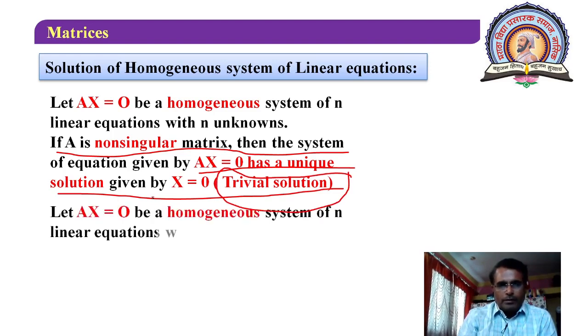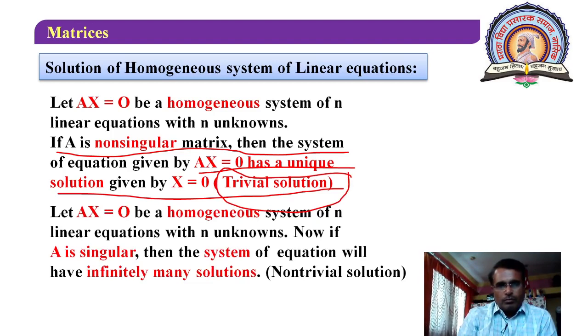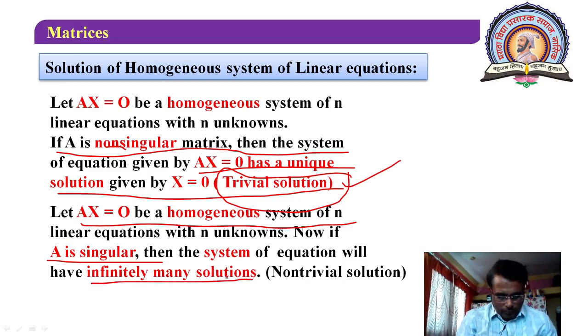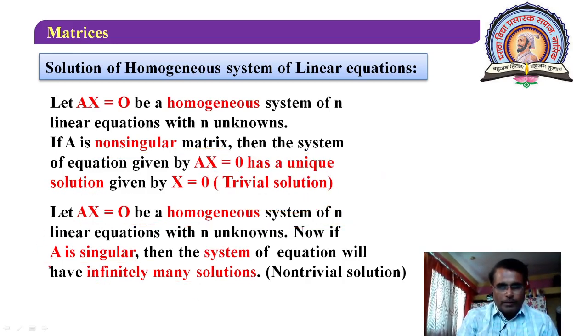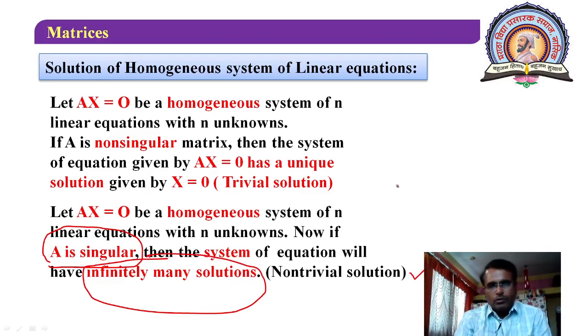But if A is a matrix such that Ax equal to 0 is a homogeneous system of n linear equations in n unknowns, and now A is singular, then, whereas the non-singular case gives you a unique solution, that is the trivial solution, if A is singular the system of equations has infinitely many solutions. This solution is called a non-trivial solution.